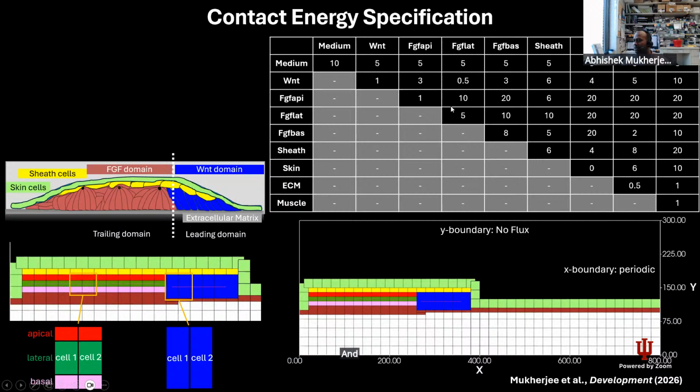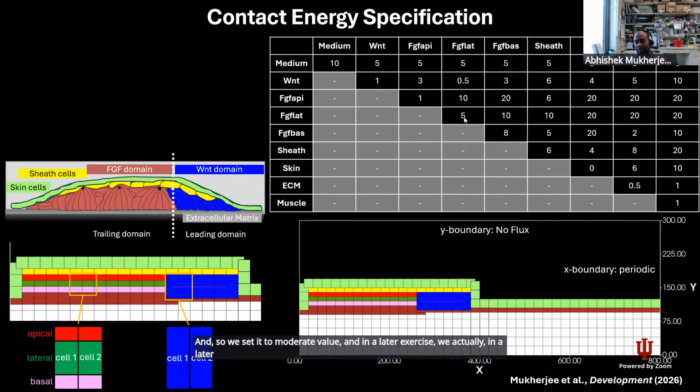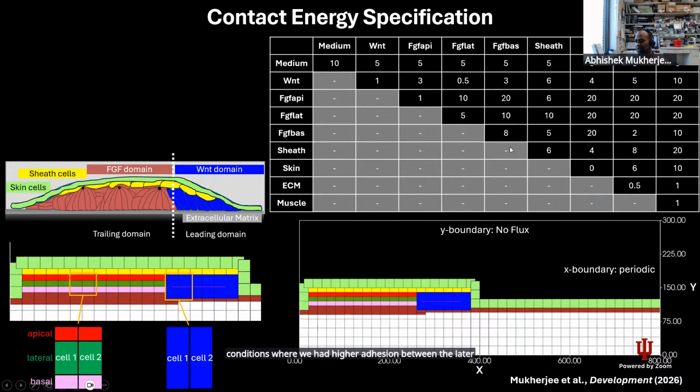And so we set it to a moderate value, and in a later simulation in the paper, if you look at that, we actually simulate one of the conditions where we had higher adhesion between the lateral domains, and you can actually look at that.